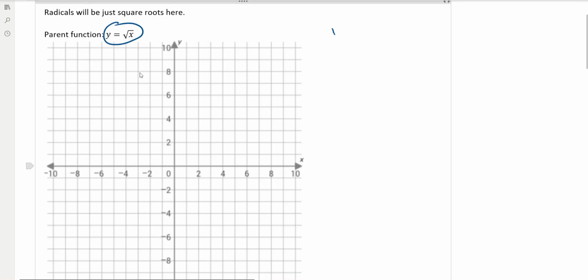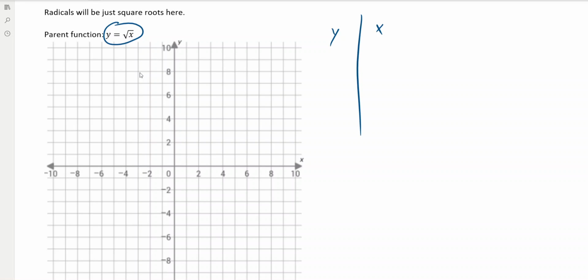If we make a table of values, we would have x equals 0, y equals 0, x equals 1, y equals 1. Then the next big jump is x equals 4, y equals 2, right?